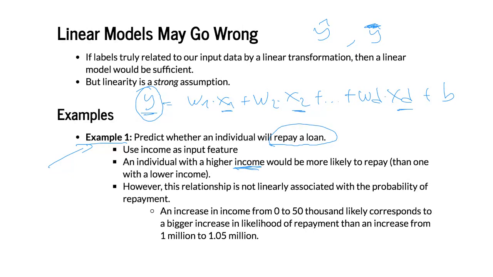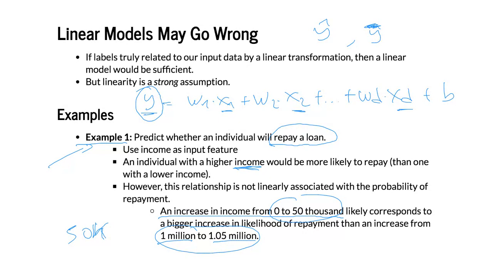An increase in income from 0 to 50K, £1,000 let's say, results in a much bigger increase in the likelihood of repaying the loan compared to an increase from 1 million to 1.05 million. The increase is the same, 50K, for both cases.